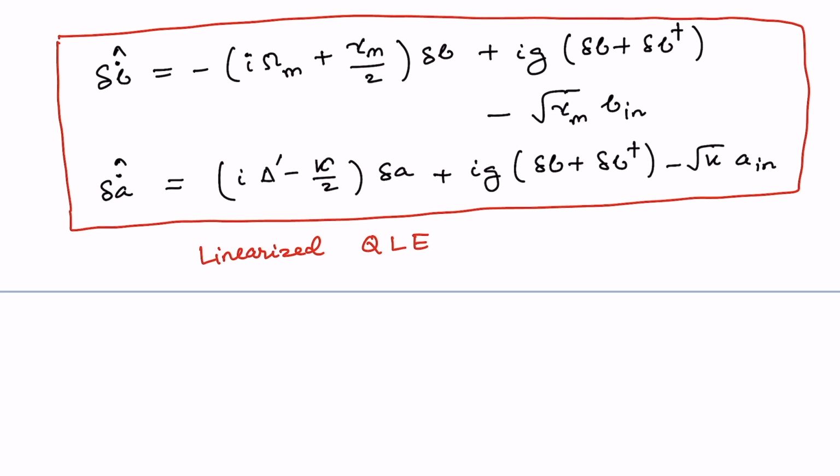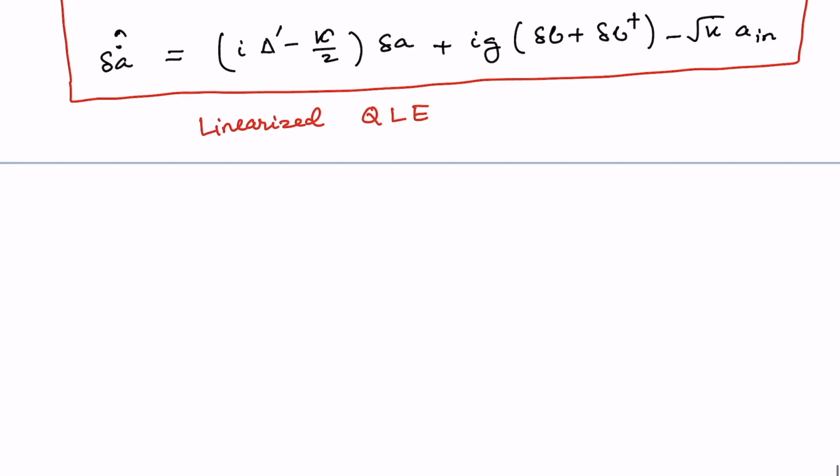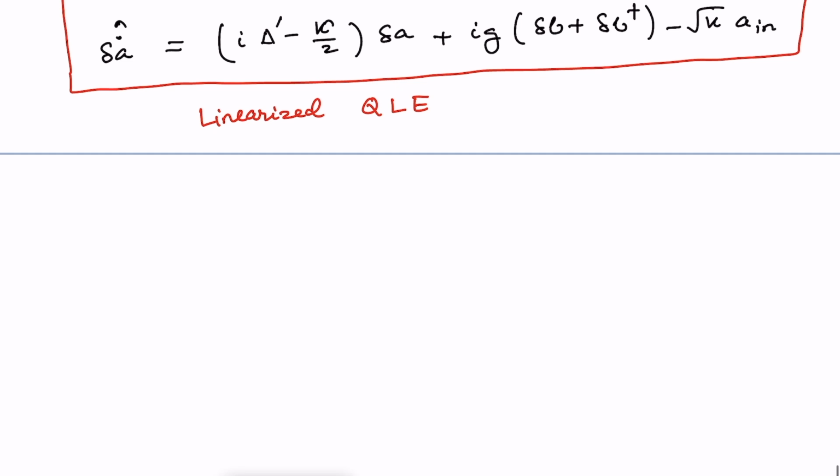Okay, now having this at our disposal, we can write down the Hamiltonian corresponding to the linearized regime. Using this, let me write down the linearized Hamiltonian. We are now working in the linearized regime.